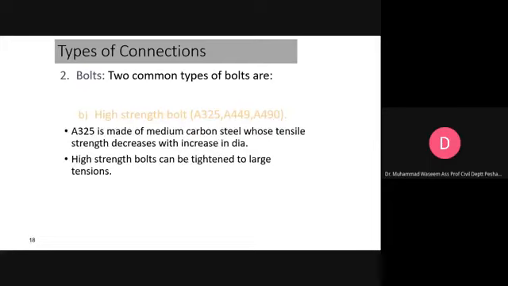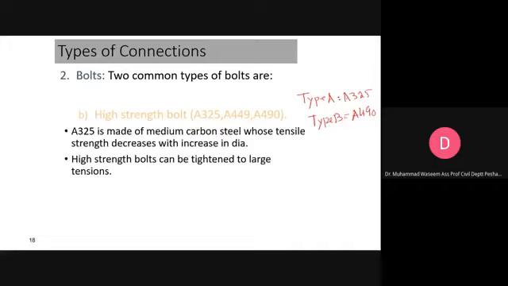High strength bolts, I told you, will be designated in some books or literature as type A or type B. Type A means A325, and type B is A490.